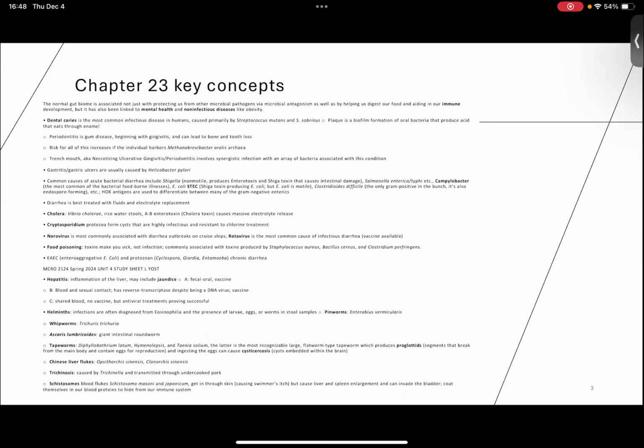Anyways, dental caries is tooth decay. It's most commonly associated with Streptococcus mutans and Streptococcus sobrinus, common constituents of the oral microbiome. Often associated with dental caries, we have plaque, which is biofilm formation of bacteria in the oral cavity.